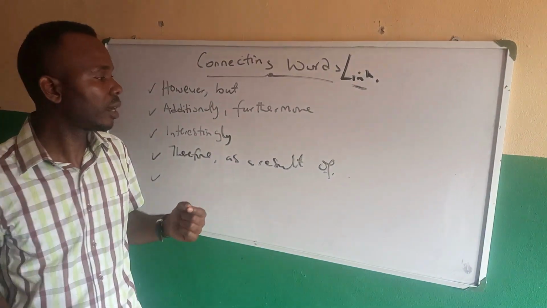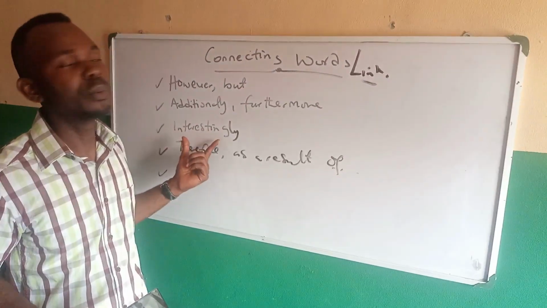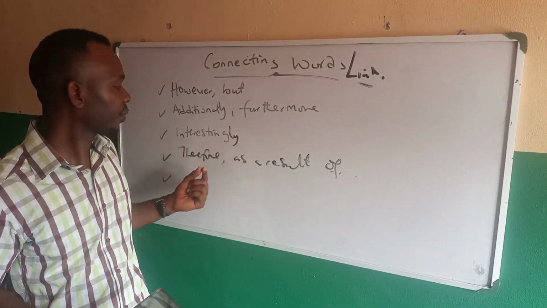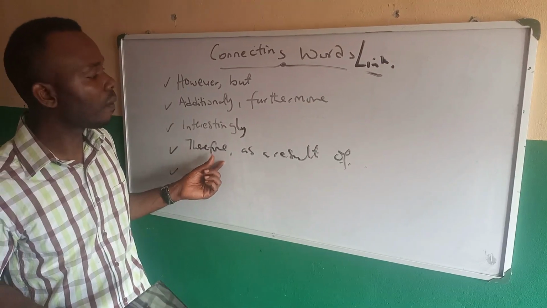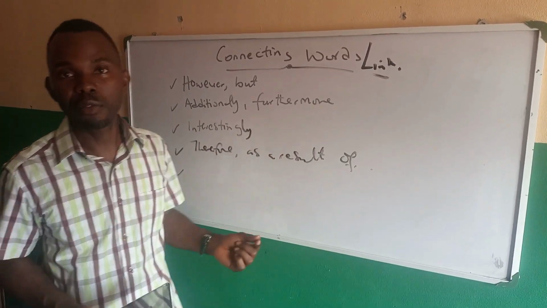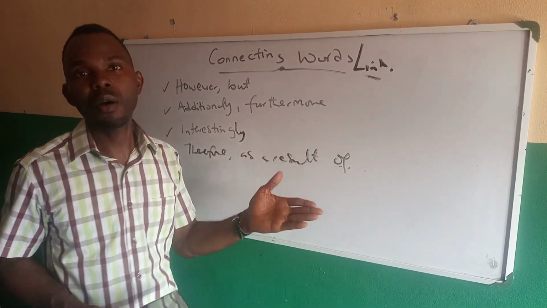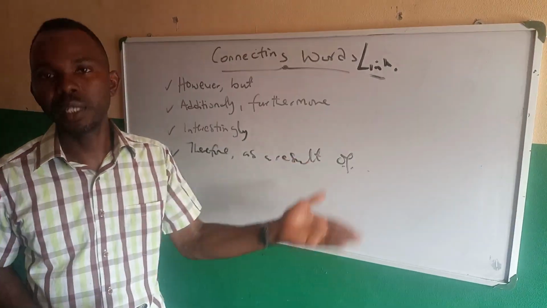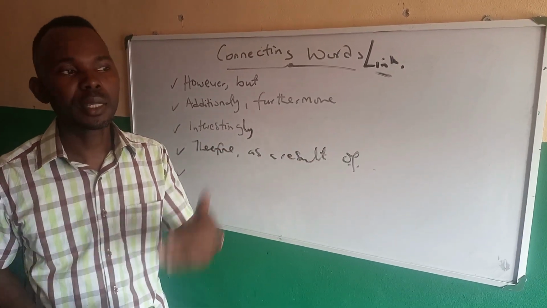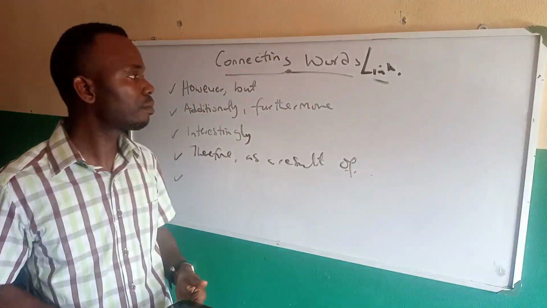You can begin that by using the word interestingly. Then lastly on my list here, you can use therefore or as a result of. It means because this happened, this is a result of this. Whatever is coming out is as a result of what I just mentioned earlier.